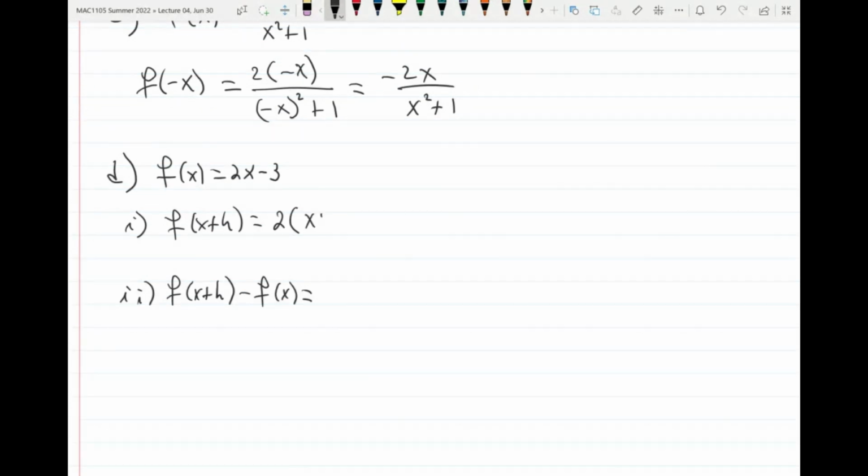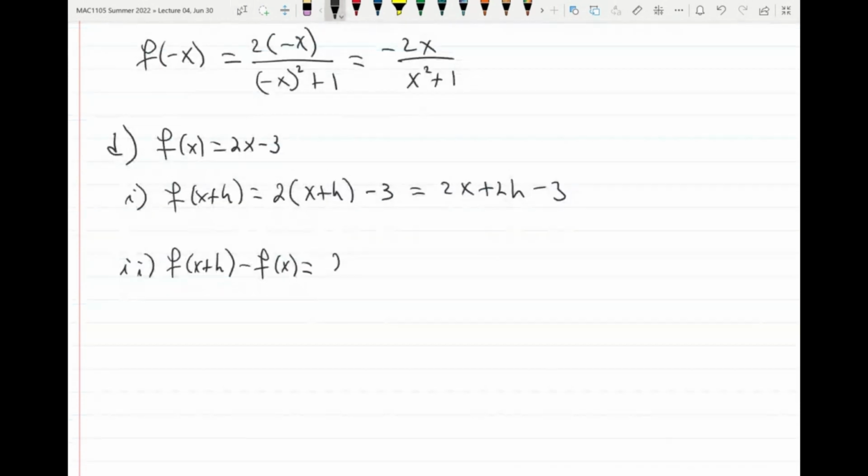Okay, so 2 parentheses x plus h and then minus 3. Yes? Remember, you have no idea how many times students make mistakes doing these things. That's why I'm emphasizing this a lot. So then distribute, you get 2x plus 2h minus 3. And here there's really nothing to do. So there is nothing to simplify.